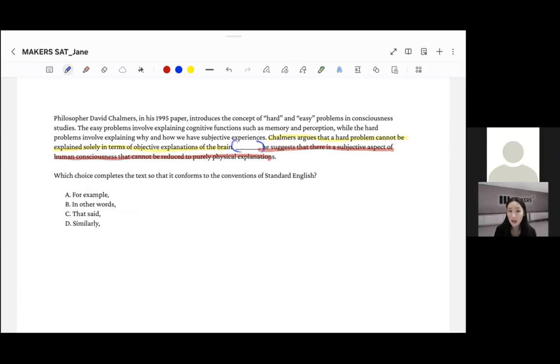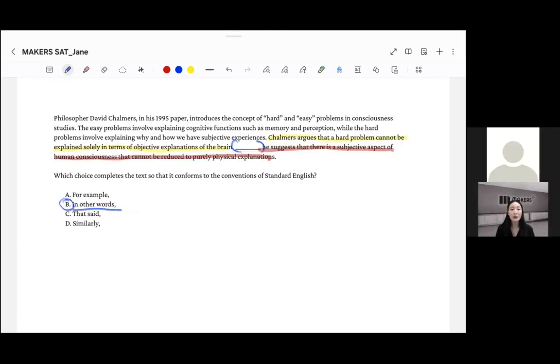The first sentence, hard problems cannot be explained physically. Second sentence, it restates the ideas in simpler terms. Subjective aspects cannot be reduced. So ultimately, the red highlighted sentence is a restatement of the yellow highlighted sentence, making, in other words, the best transition. For example would be used to give a specific example, but no example is being introduced in the red highlighted part, making A incorrect.